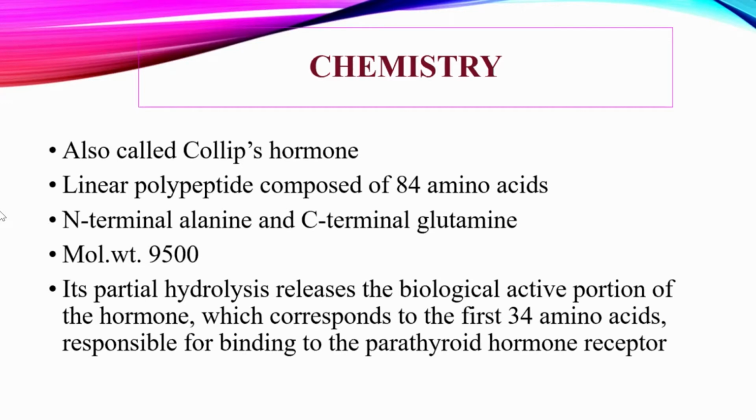So for its activity, the hormone can be active as the full segment, and even after partial hydrolysis, if it contains the first 34 or 35 amino acids in a single segment, that is sufficient to show the activity of this hormone.